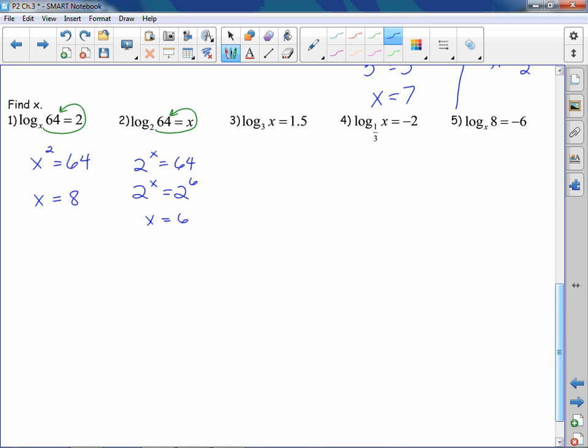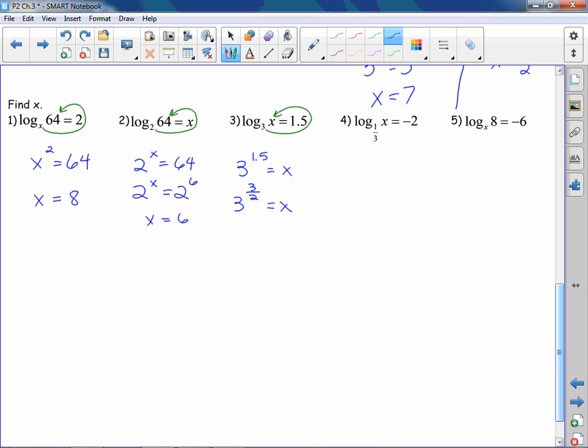All right, switching. 3 to the 1.5 equals x. Not a decimal. You have to work it out. 1.5, isn't that 3 over 2? So 3 to the 3 over 2.